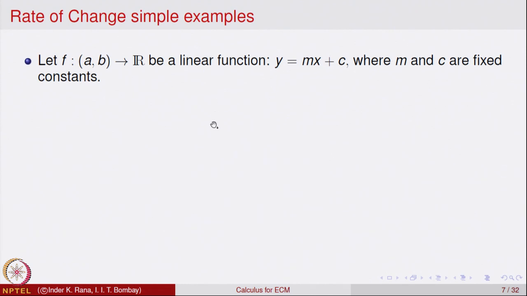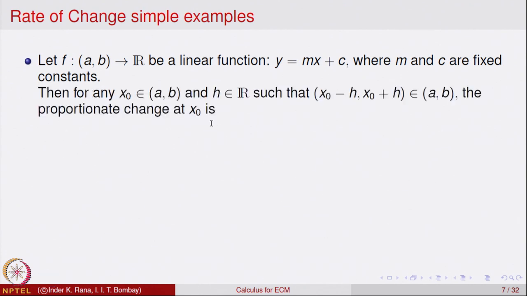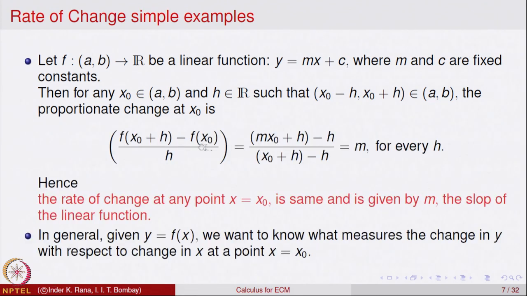So, let us try to find out what is the proportionate change. For a point x naught in [a, b], let us say that we look at an interval with x naught plus h inside [a, b]. So, look at the values f of x naught plus h and f of x naught, divided by h.